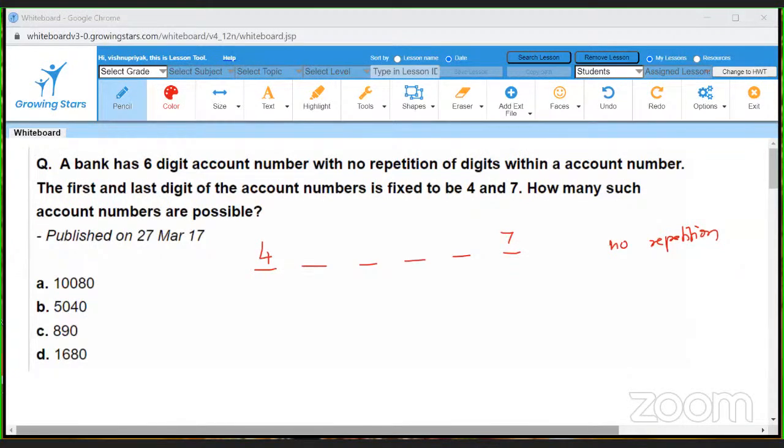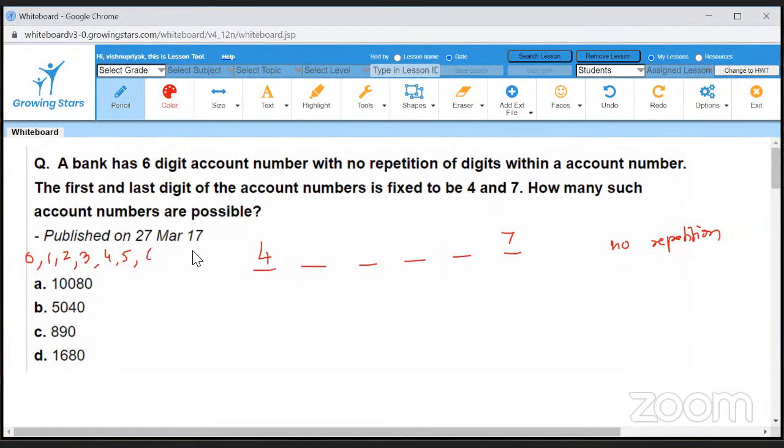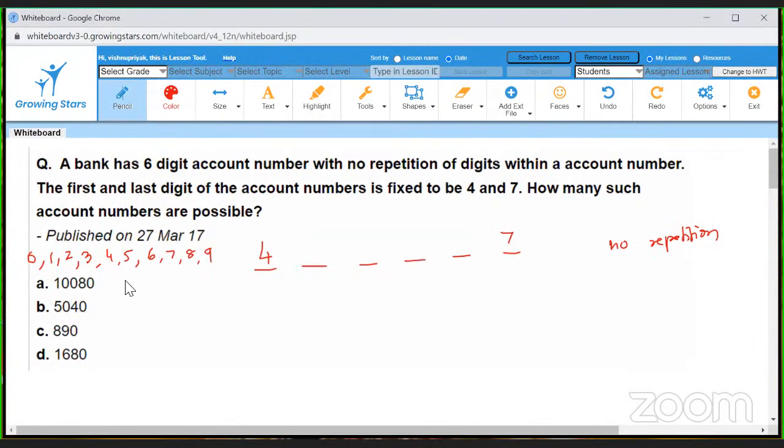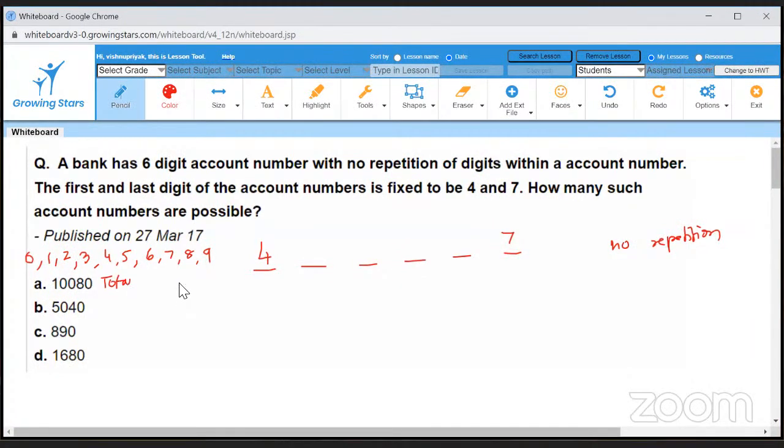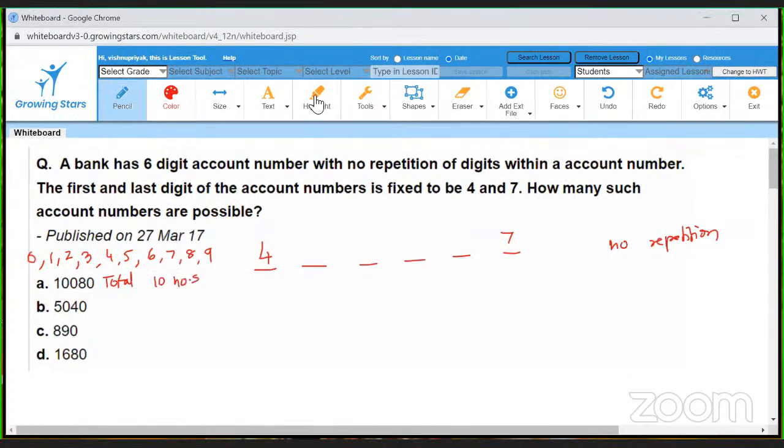Now when you fill up the digits, total how many numbers are there to fill up? We have 0, 1, 2, 3, 4, 5, 6, 7, 8, 9. Total 10 numbers. But out of 10 numbers, 2 numbers are already set.